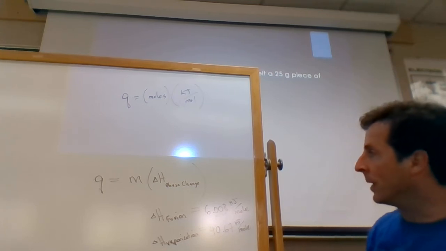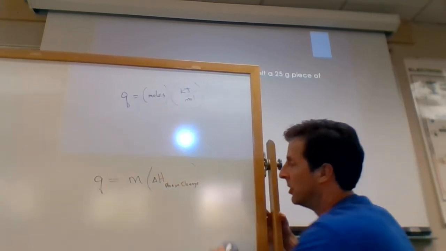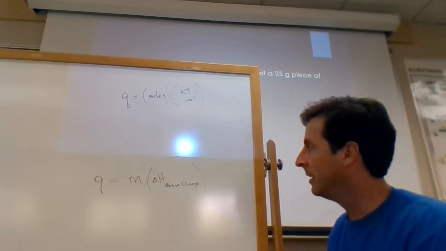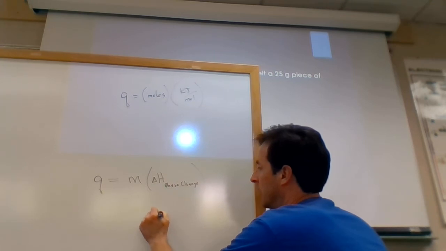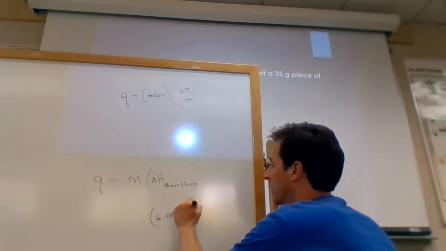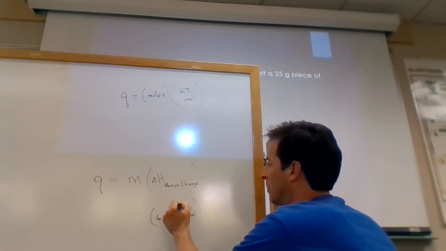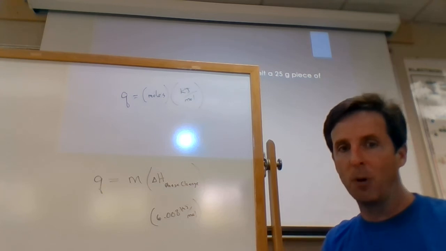All right, so we can now work this problem. So I have 25 grams of ice. I'm melting it, so my phase change value is going to be the 6.008 kilojoules per mole. So I need to plug in not 25 grams, I need to change that into moles first.